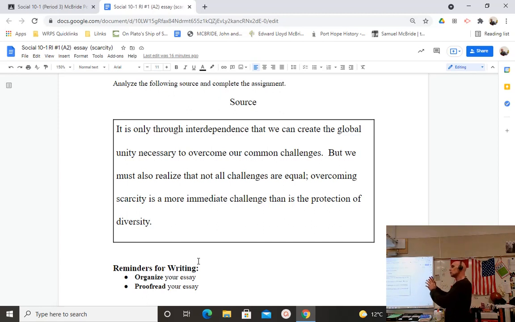And before that, that is the one path. The word is only. It's only through interdependence. By saying there's only through interdependence, there's an absolute devotion to one path. And this is the only way to solve the problem. So the source is not saying there's multiple ways to solve the problem. They're saying there's one way.